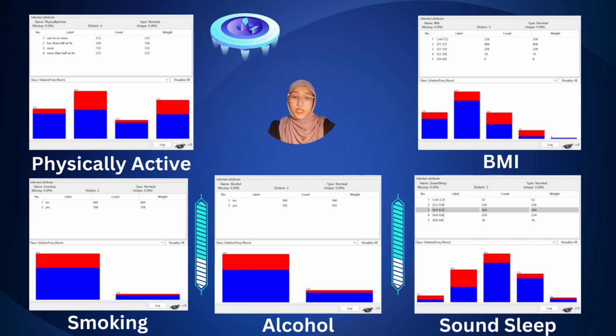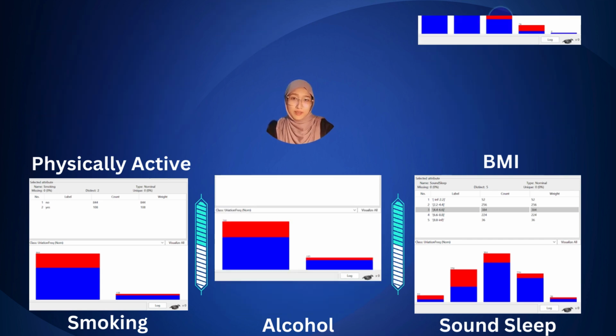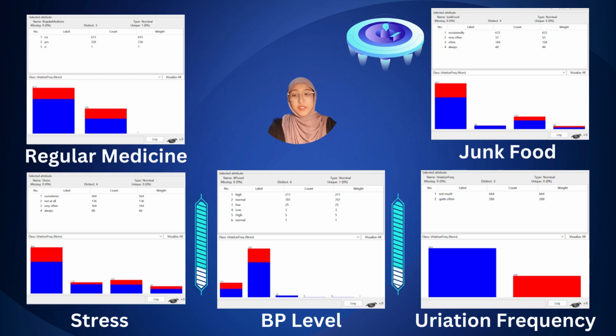Also, both smoking and alcohol consumption are associated with higher diabetes occurrence, indicating the negative impact of these habits. Poor sleep quality is associated with higher diabetes rates, suggesting the need for good sleep hygiene. Next, less adherence to regular medication intake shows increased diabetes cases, indicating the importance of medication compliance.